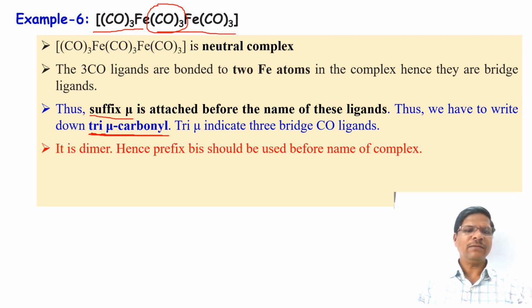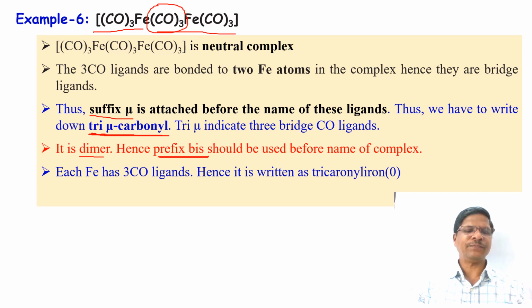Then if you see, the complex is a dimer. As the complex is a dimer, we must use the prefix bis before the name of the monomer. The monomer consists of 1 iron and 3 carbonyl ligands, so the name will be tricarbonyl iron 0, iron in 0 oxidation state in the carbonyl.